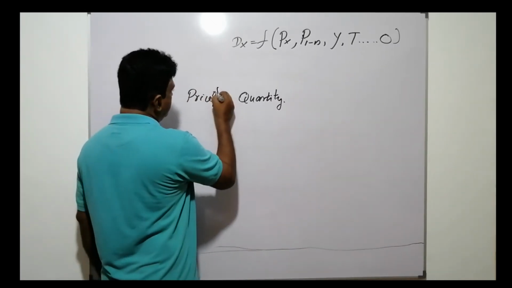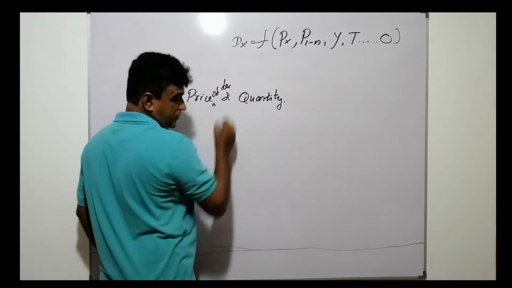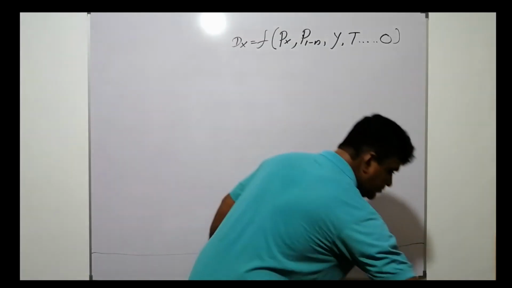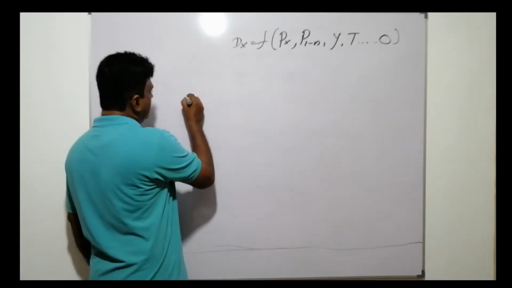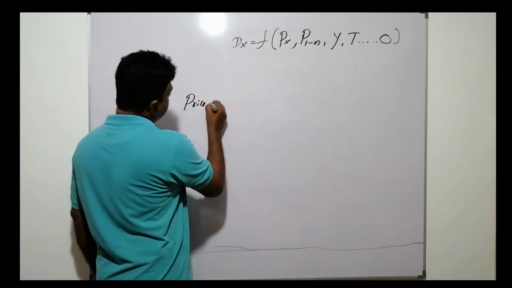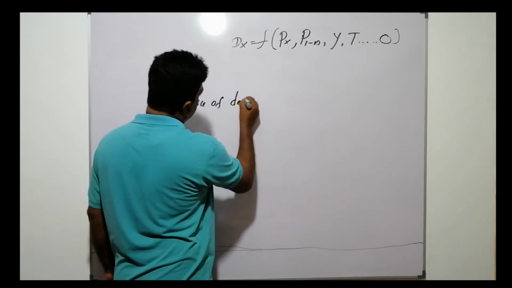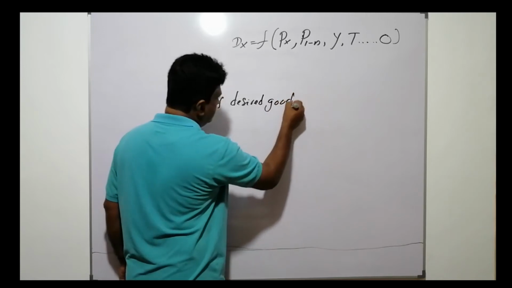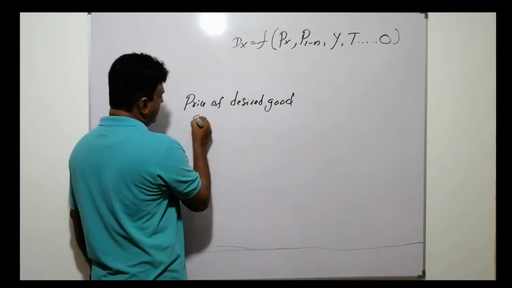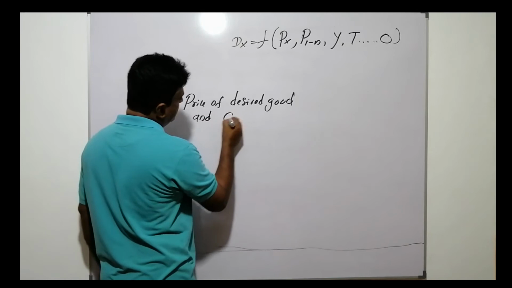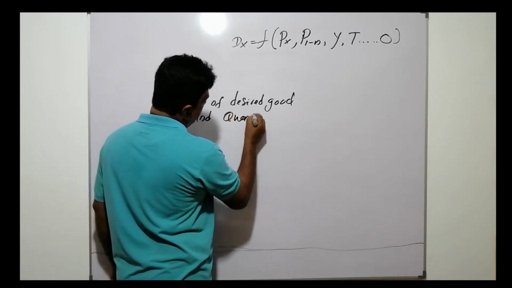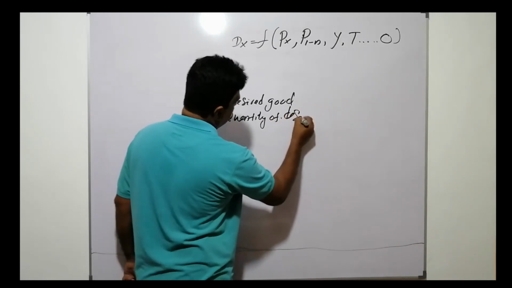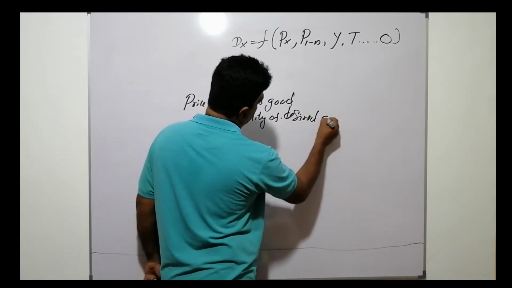Price of the desired good and quantity of the desired good.